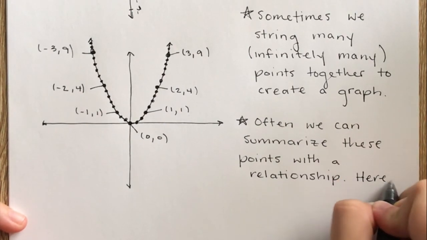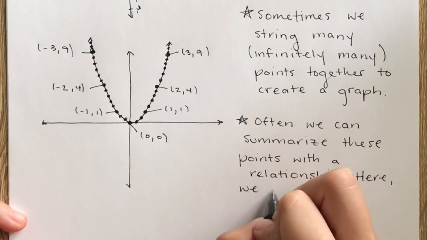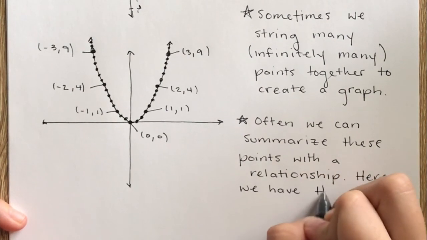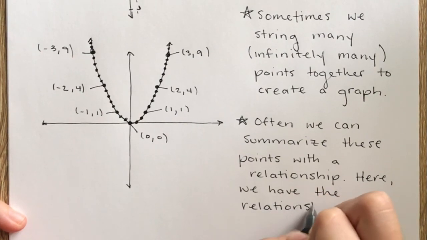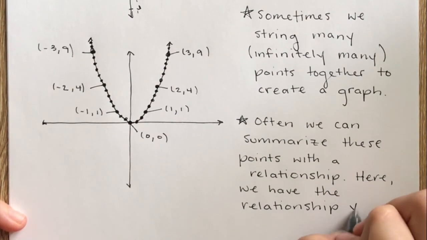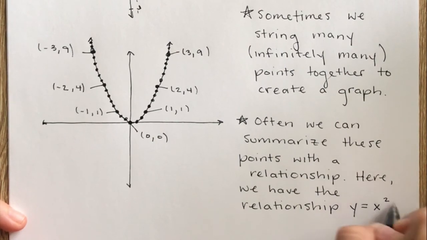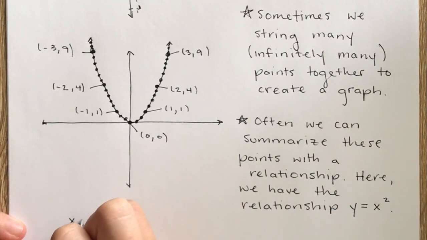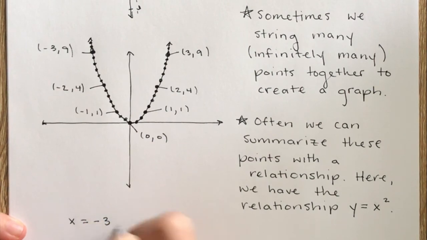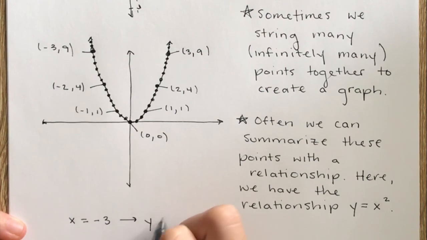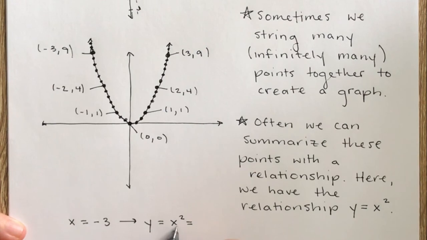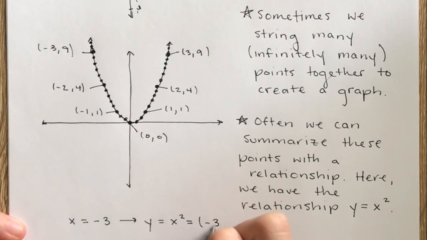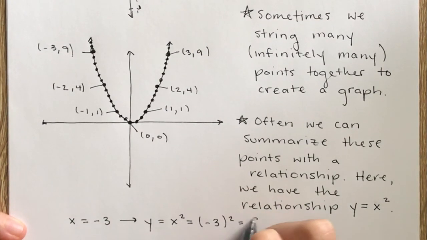Here we have the relationship y equals x squared. For instance, let's look at x equals negative 3. If x equals negative 3, again, our relationship is that y is x squared. x is negative 3, so we have negative 3 squared, which is 9.